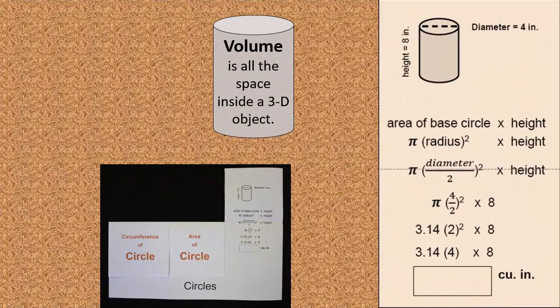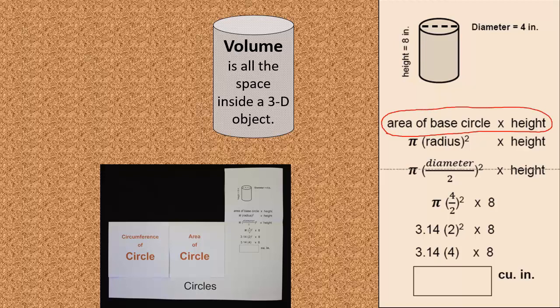Volume is all the space inside a 3D object. In this case, we're going to be working with a cylinder, which is a 3D object that has a circle on the top and a circle on the bottom. The formula for finding the volume of a cylinder is area of base circle times height.